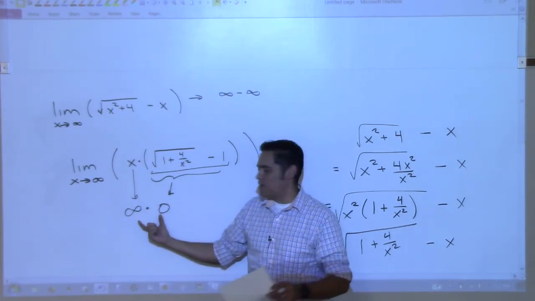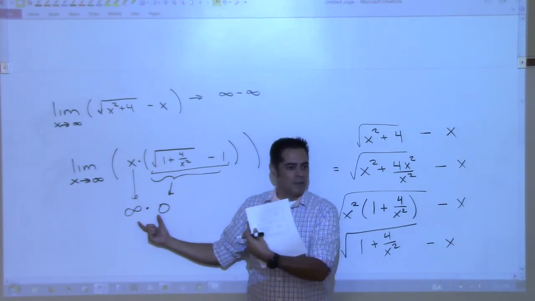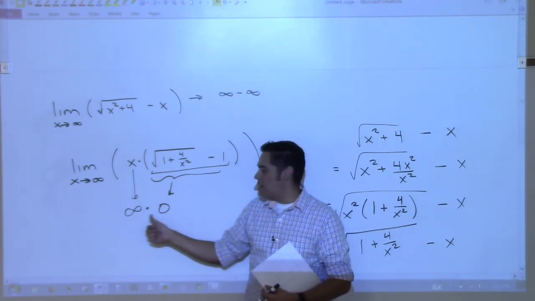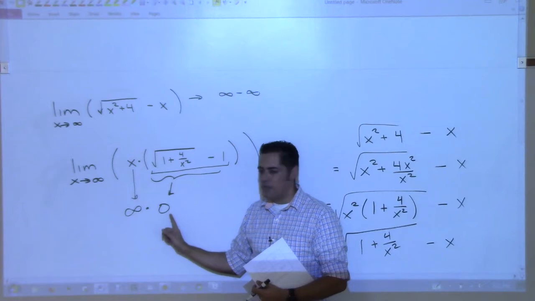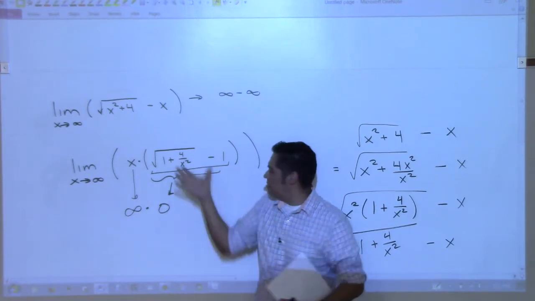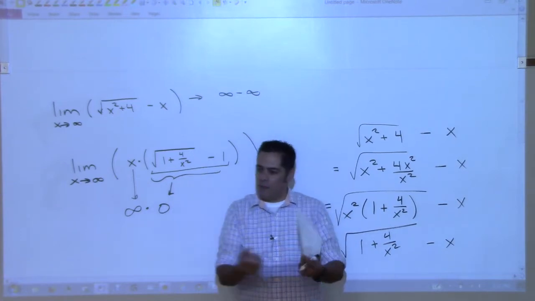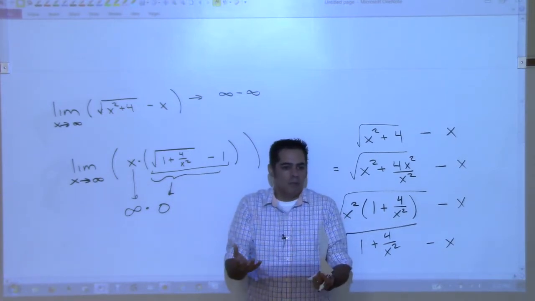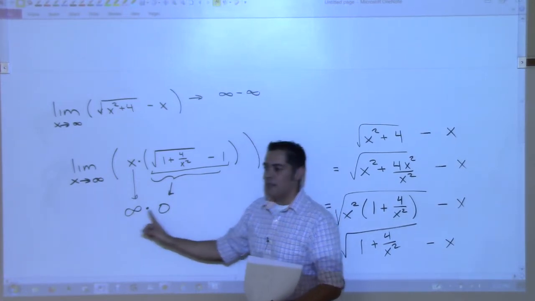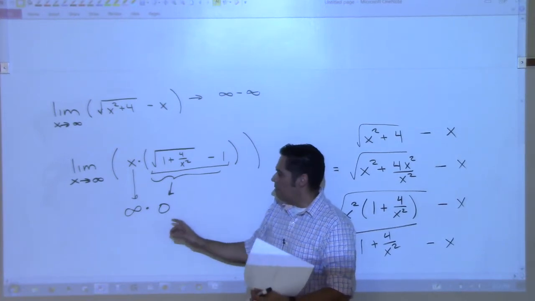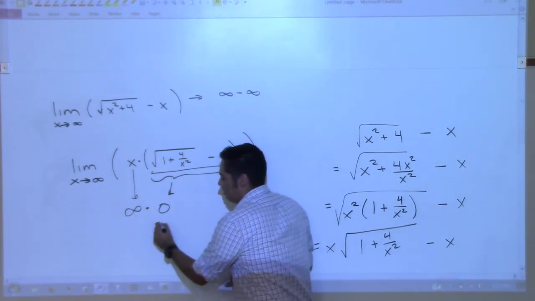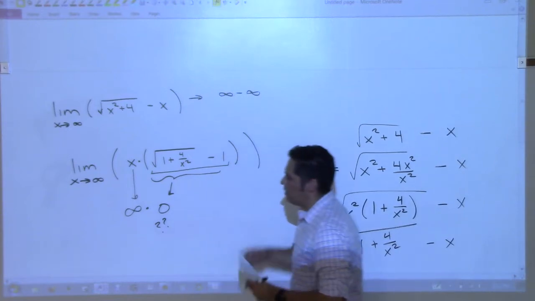But when I did it, I just created another bad form. I've got a number getting huge times a number that's getting small. This 0 does not mean 0. It means this is getting smaller, this is getting bigger. Who wins? If I take a big number and multiply by a small number, you don't know. It depends on how big that is and how small that is. So this is still an indeterminate form. We don't know what it is.